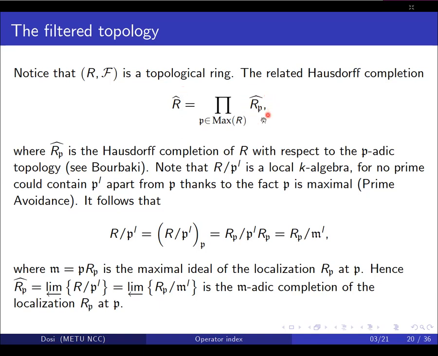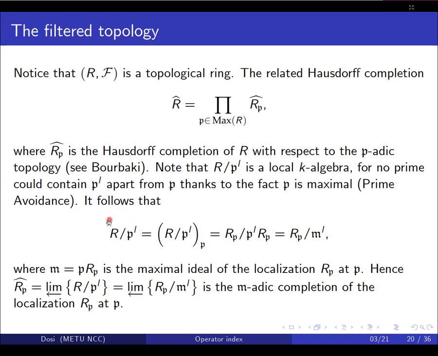This notation can be justified. If you look at this argument, R modulo some power of P is a local K-algebra, because P itself is maximal, and no prime apart from P could contain a power of P. That's prime avoidance, if you wish.